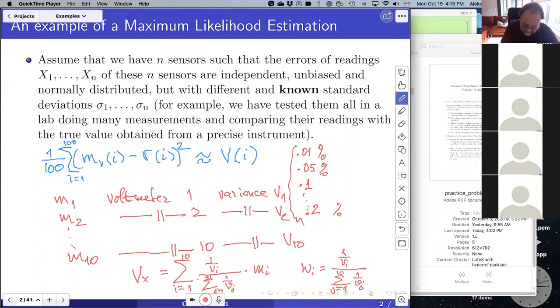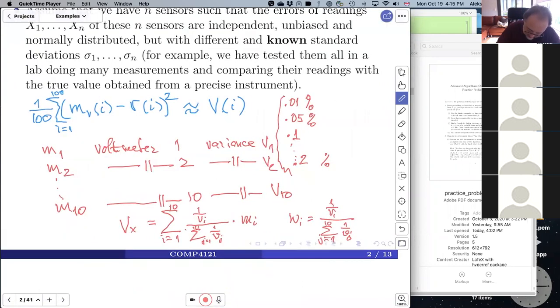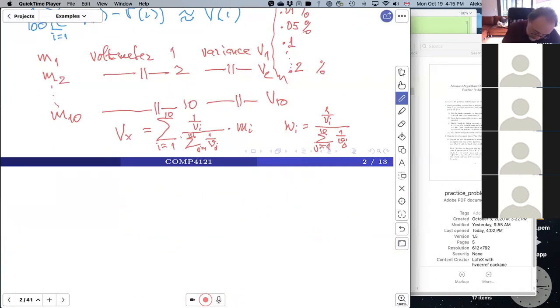And with this weight, your Vx will be the sum, i equals 1 to 10, of this weight Wi times measurement i.